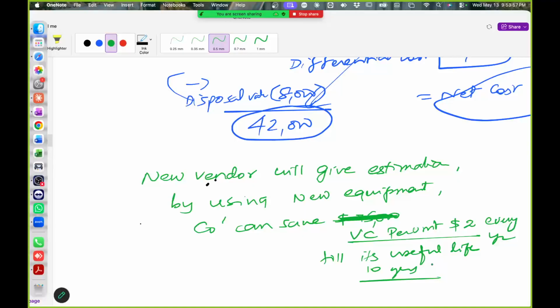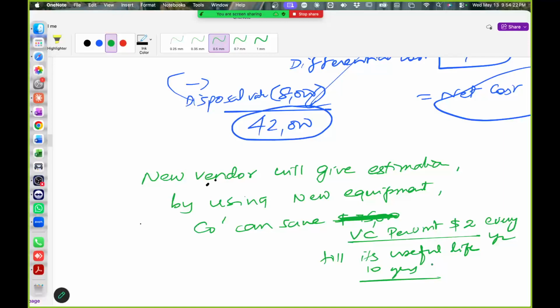they will leave the variable cost per unit for you to calculate because they don't know your variable cost. But they will say, if you use our machine for the next 10 years, you will have this much per unit of savings. That also matters.